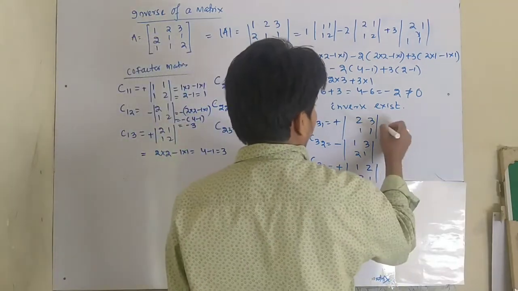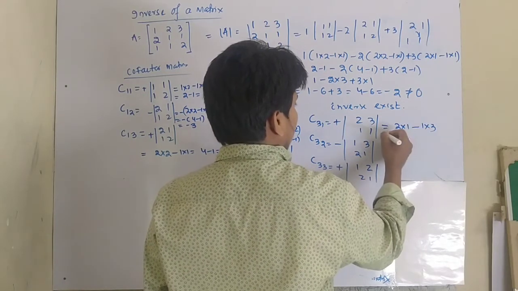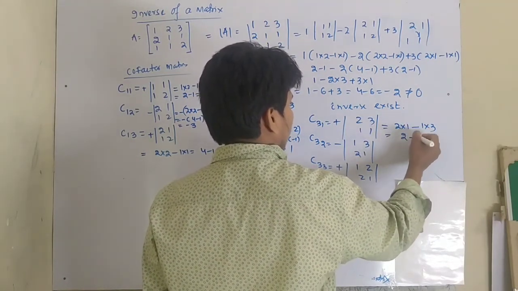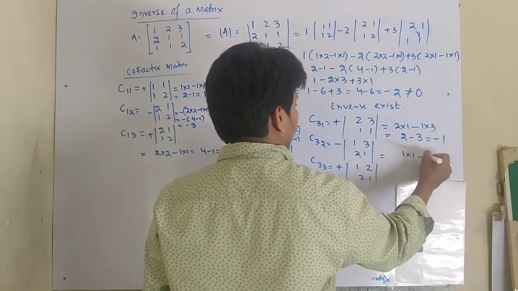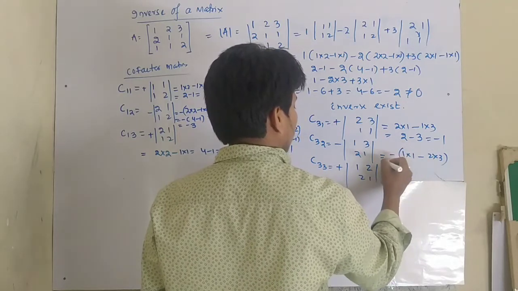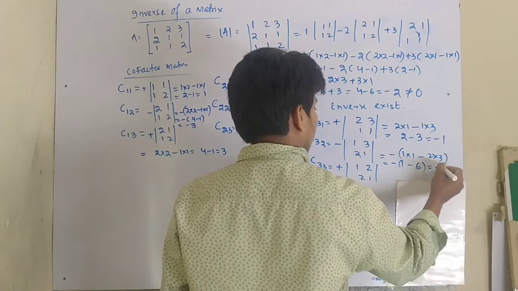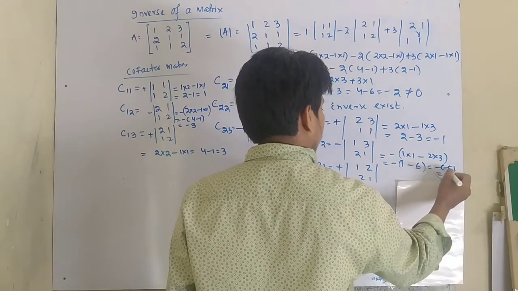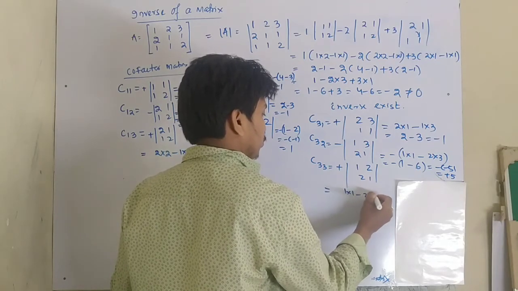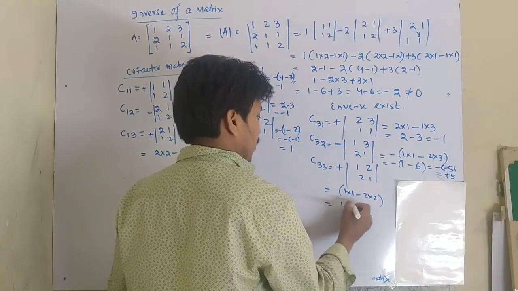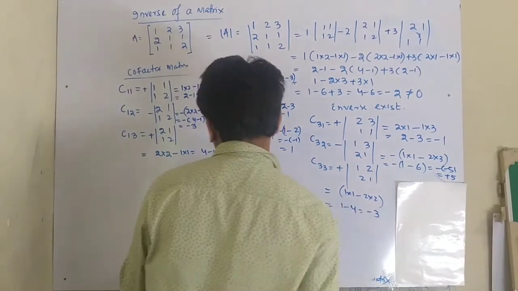Like that, 2 into 1, 1 into 3, that is 2 minus 3, minus 1. And 1 into 1 minus 2 into 3, that is 1 minus 6, that is minus 5, with the minus sign it is plus 5. Like that, 1 into 1 minus 2 into 2, 1 minus 4 is minus 3.